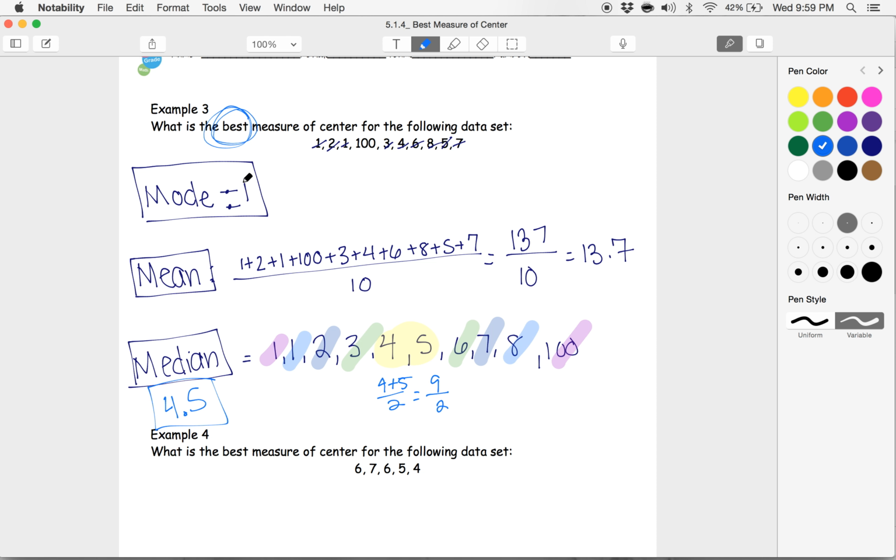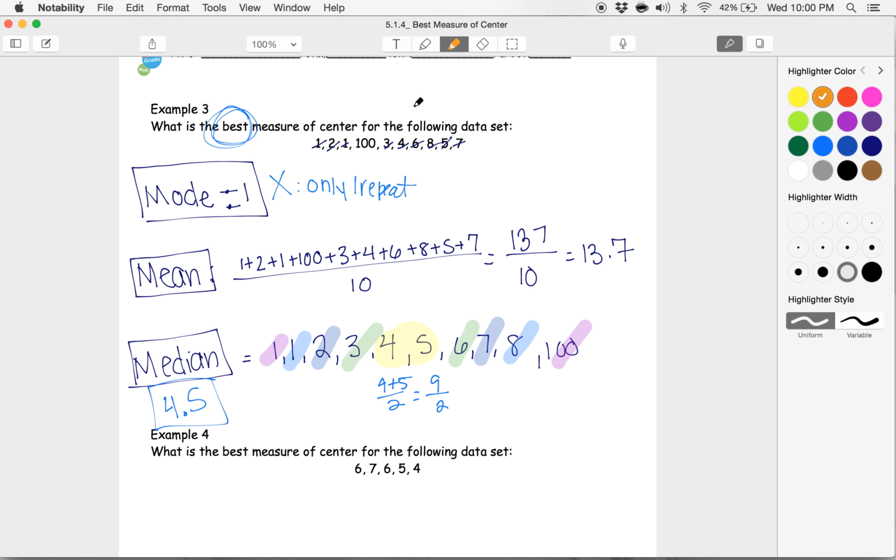Now, I answered all the measures of center, but this is still asking what is the best measure of center? Well, we said not mode, because there's only one repeat. It only repeats once, so it's not a lot. Now, to decide between mean or median, I have to decide, is there an outlier? And in this case, yes, there is. 100 is an outlier.